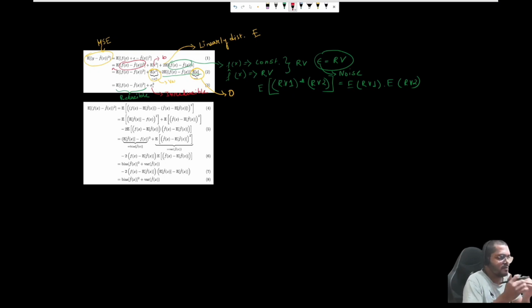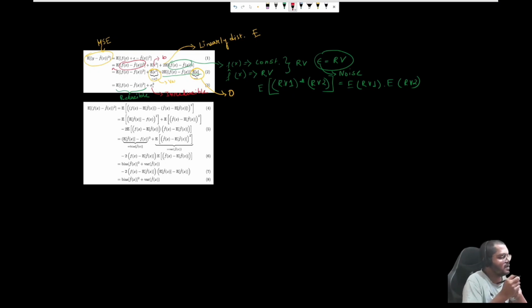When we try to model any machine learning or deep learning model, we have x and y, if it is supervised. So when we have the x, we don't know about the noise, because we cannot model the noise. So that's why this variance term is called the irreducible error.